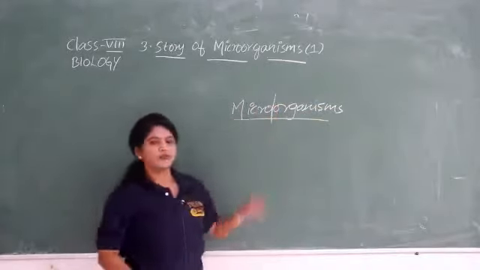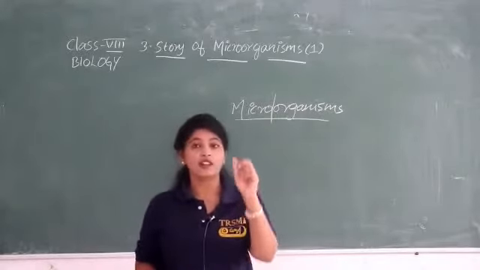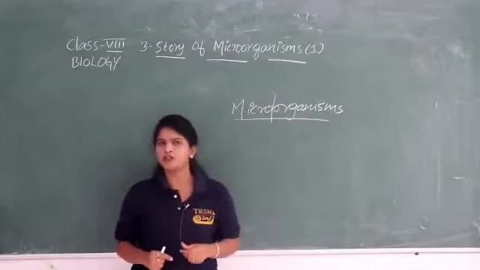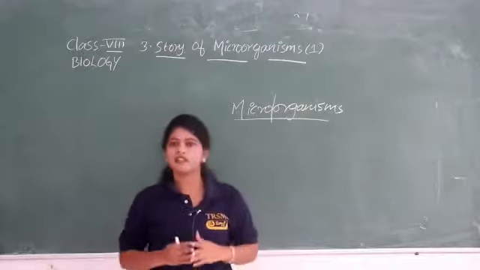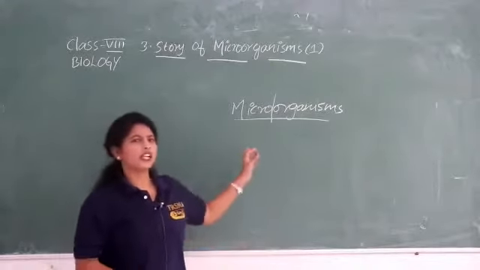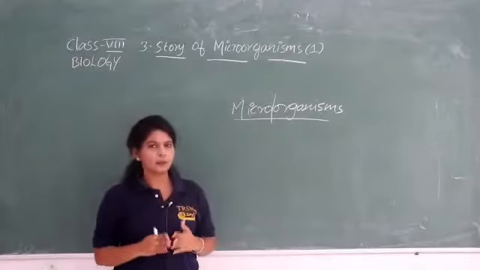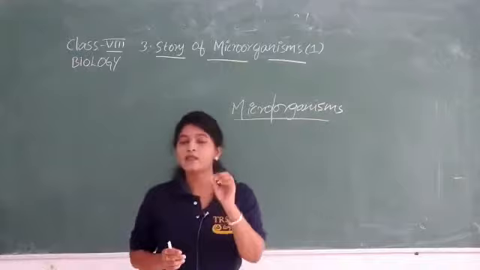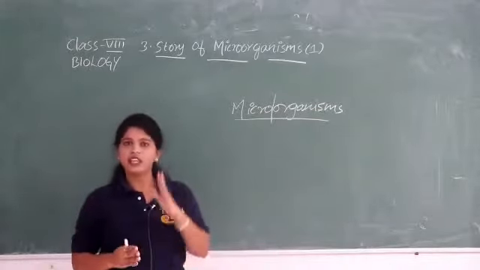Micro: what is the meaning of micro? Micro is very small, very fine, the smallest thing. Micro is used as a measurement for small things. What is organism? A living thing. So what is the definition of microorganisms? Microorganisms are the smallest living cells which are not seen with the naked eye.